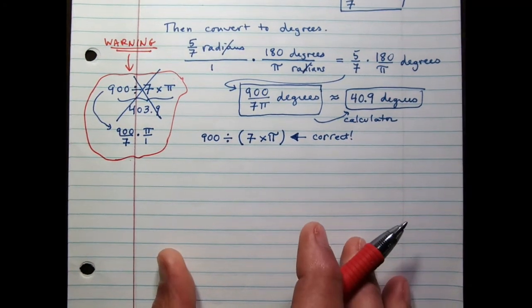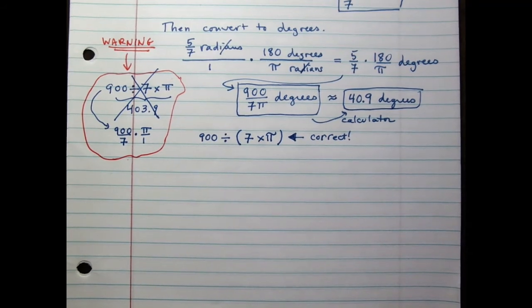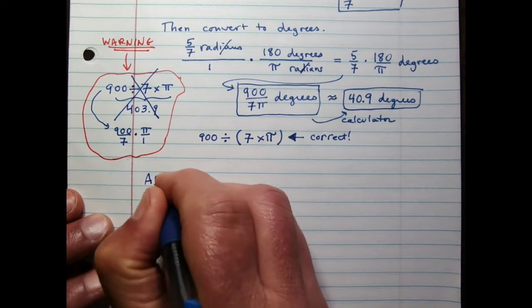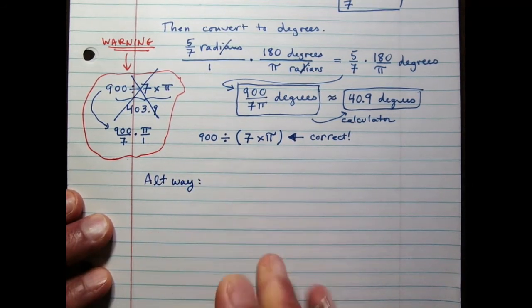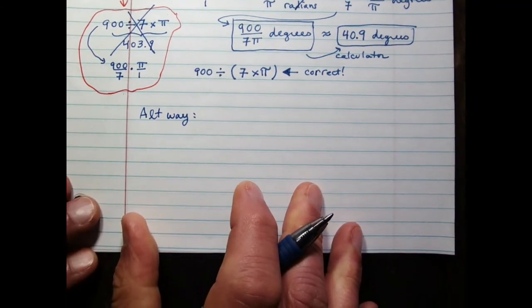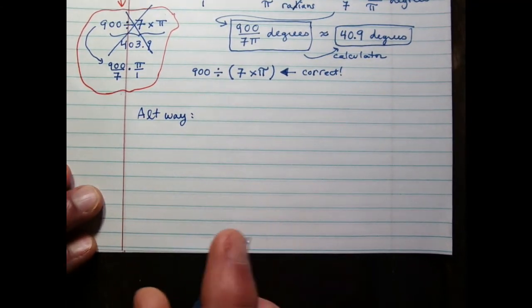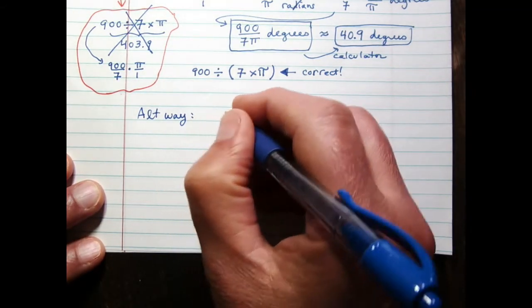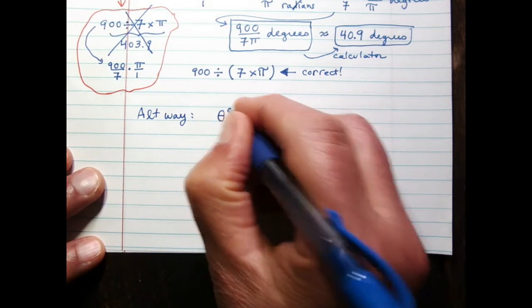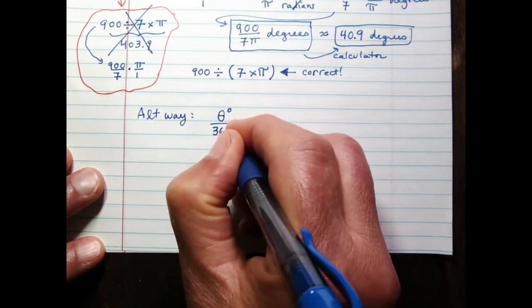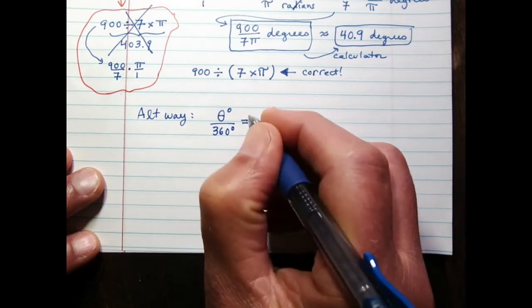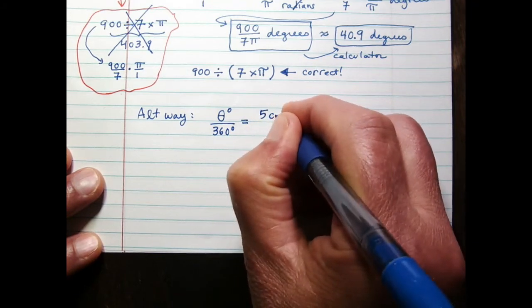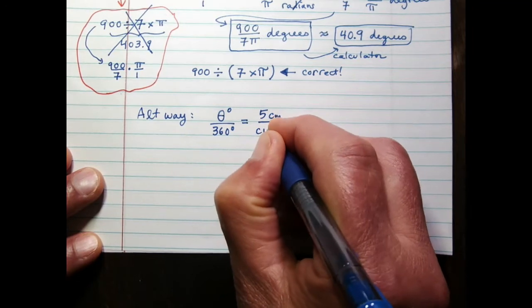Okay, so that's the fast way to do that problem. I was also going to just mention an alternate way, because we don't always see the fast way the first time we try to solve a problem. I'll have some students set up a proportion in the following way, where they write theta in degrees over 360 degrees is equal to the arc length, 5 centimeters, over the circumference of the circle.